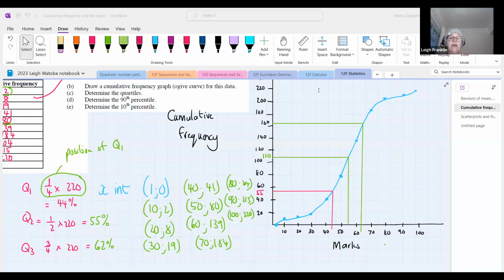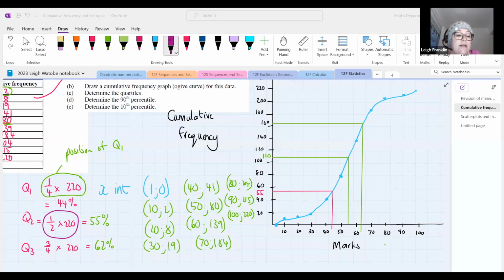No, you must calculate them separately. Each one would be determined independently of the other, in how I've shown you over here, by finding the position and then reading down. Over here, half of 220 gives you the position where the median is located.